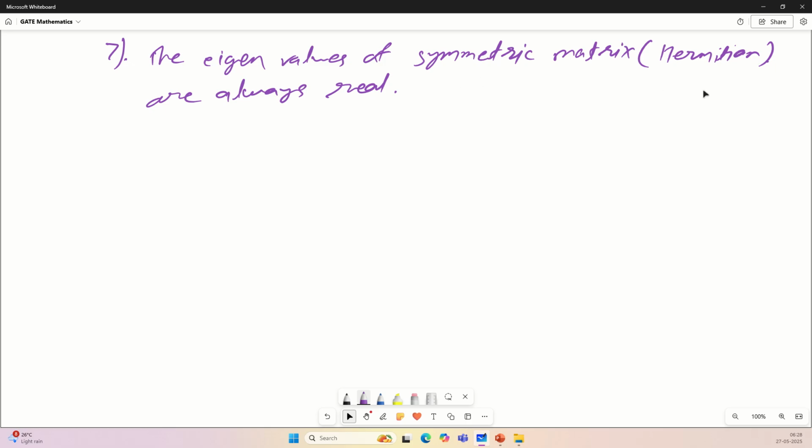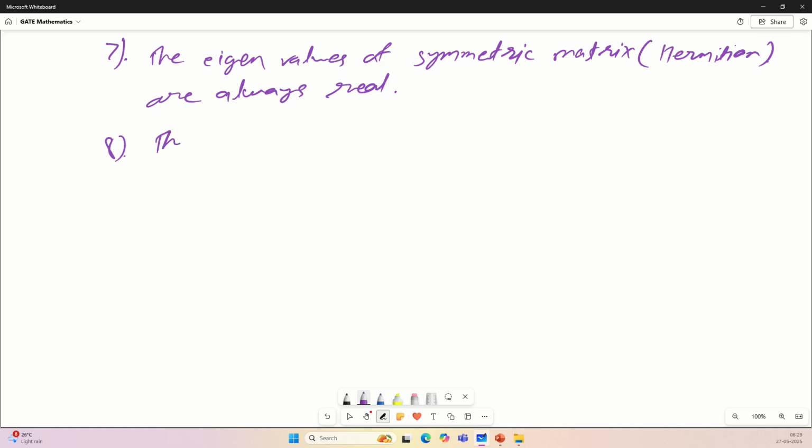Okay. So based on this property, can we find out another property? Like for a symmetric matrix, if it is real, then for skew symmetric, what will be there? It will be imaginary or 0. So we can write it down.